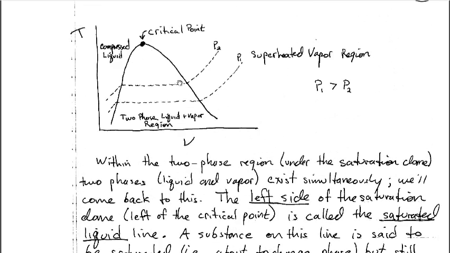So just like how the left-hand side of the dome is called the saturated liquid line, the right-hand side of the dome is called the saturated vapor line. So we have saturated liquid to the left of the critical point, saturated vapor line to the right of the critical point.